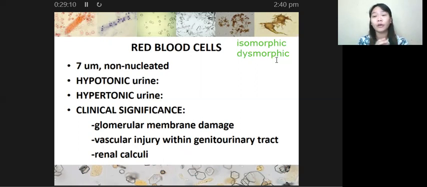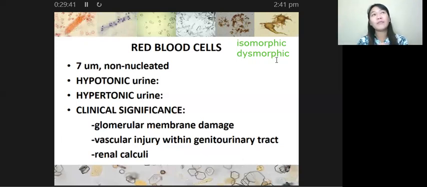Okay, magkaiba po yun kasi doon sa crenation or shrinking of our cells, hindi naman talaga nagkaroon ng abnormality when it comes to the cytoplasmic protrusion.